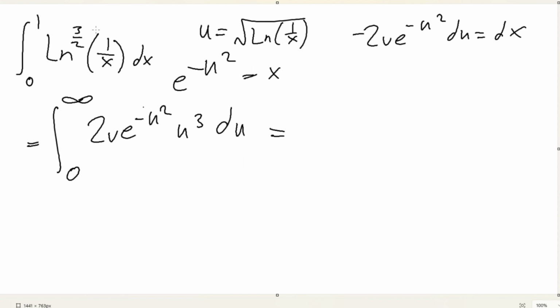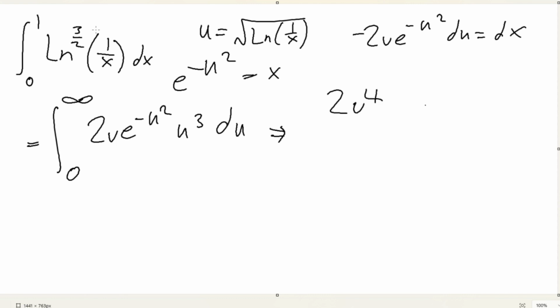Interesting. We would have to do integration by parts. But like, I don't feel like doing that. But we have to anyways, because that's just how it is.